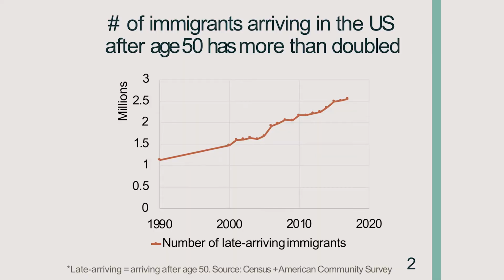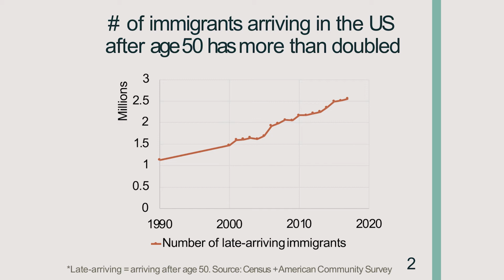This has also been very much built on this ideal type of an immigrant who comes to the US looking for a job and for which they definitely need relatively good health to support them for a relatively successful economic life in the US. At the same time, about 2.5 million immigrants in the US actually arrived after age 60, so after their prime working years.